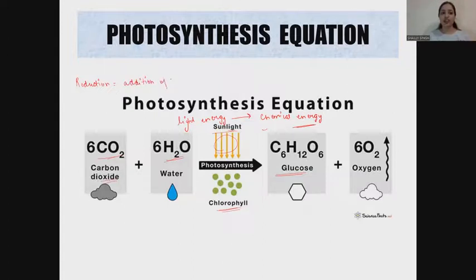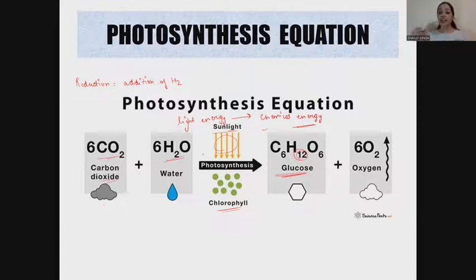In this case, carbon dioxide does not have any hydrogen, but in glucose you can see there are 12 hydrogens. So there is an addition of hydrogen, and we can say there is a reduction of carbon dioxide to carbohydrate.